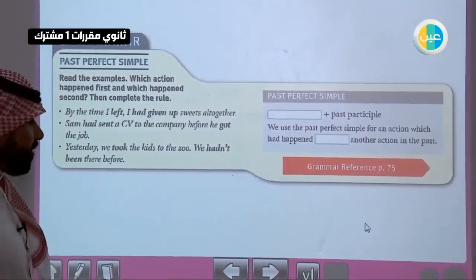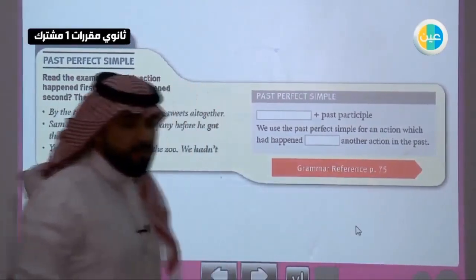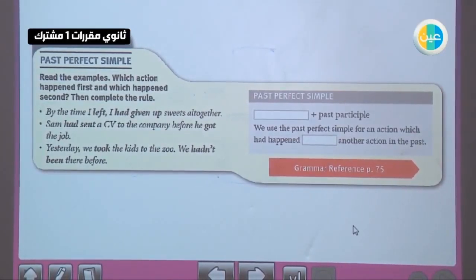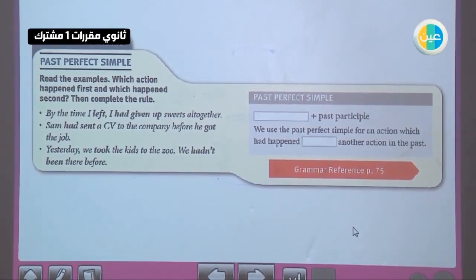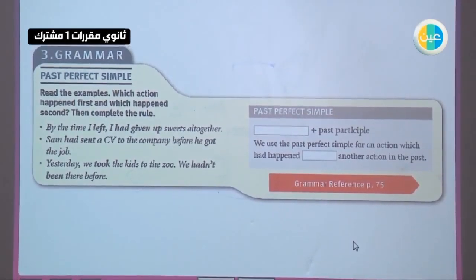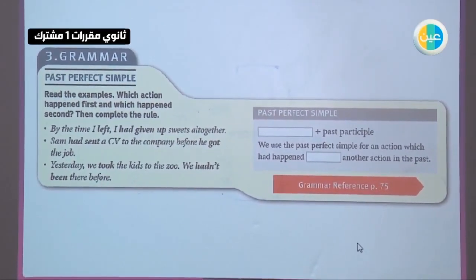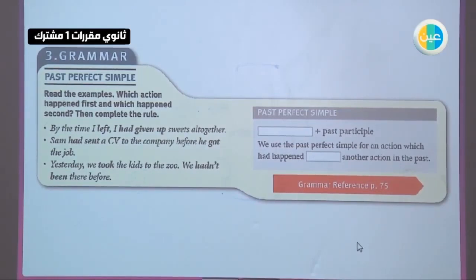You already had it on page number 75. For the rule, we have to use had.